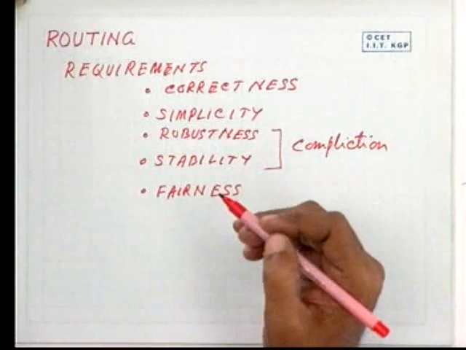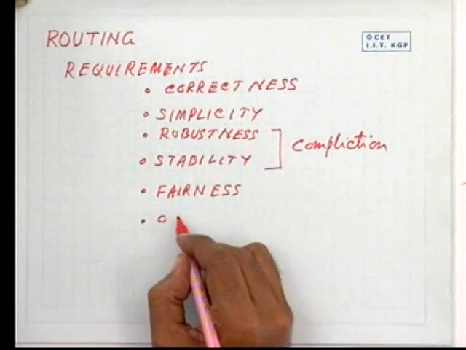Now, it may so happen that because of various other criteria, a particular node decides that instead of sending to a distant node, let it be sent to the nearest node because of cost criteria. What can happen by this process? You are essentially being unfair to the node which is far apart. So that kind of thing can happen, and so you have to optimize between fairness and optimality.